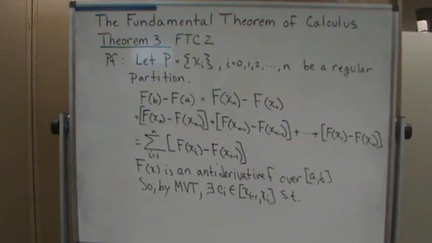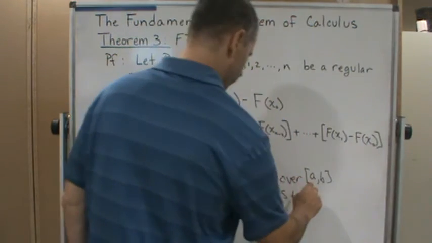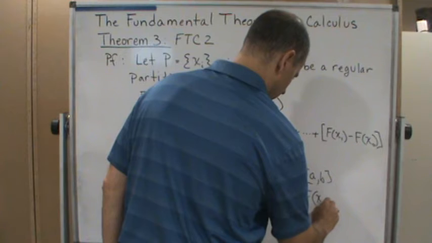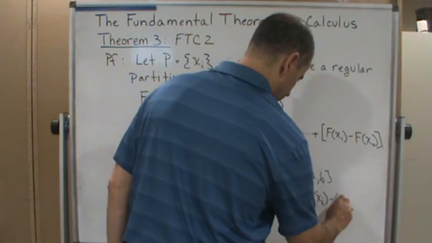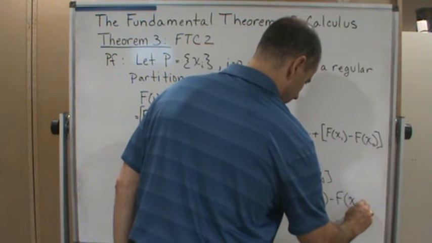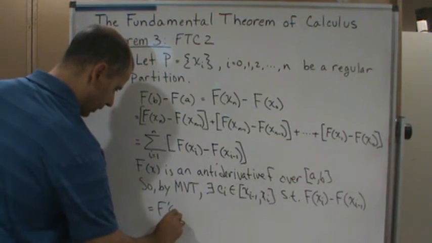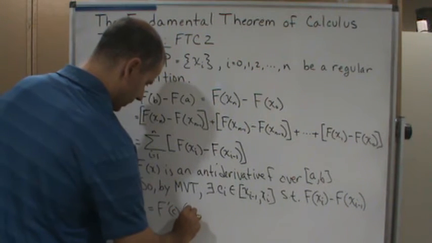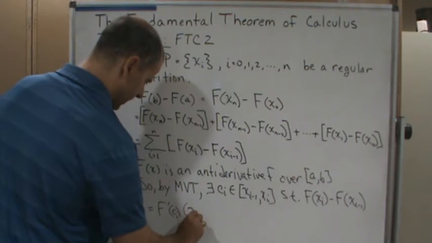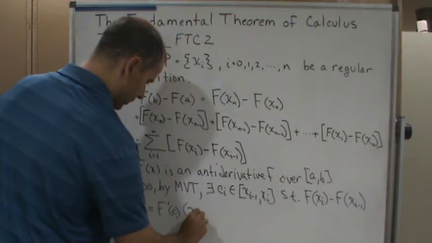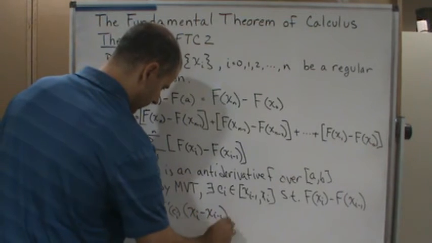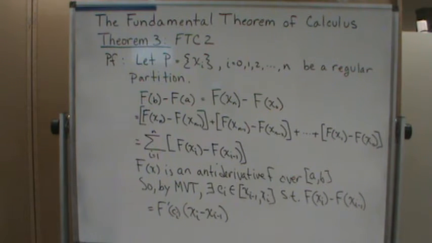Well, if I take F of x sub i minus F of x sub i minus 1, that's going to equal the derivative of F. So F of x sub i minus F of x sub i minus 1 will equal F prime of c sub i times x sub i minus x sub i minus 1. Okay, so that's by the mean value theorem, right?